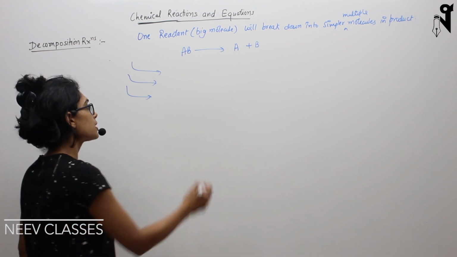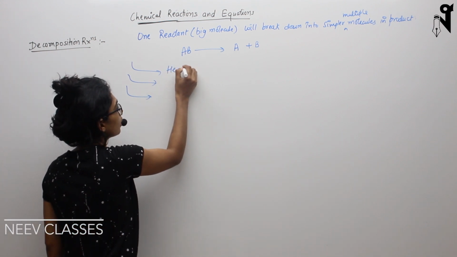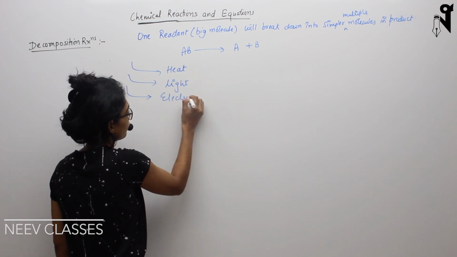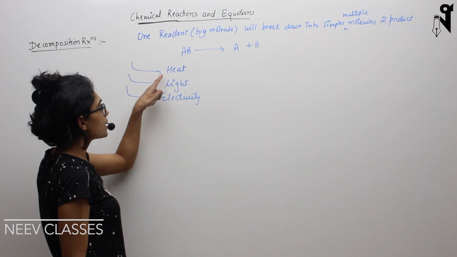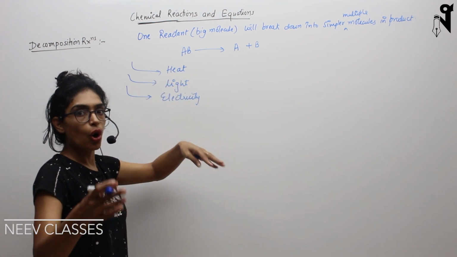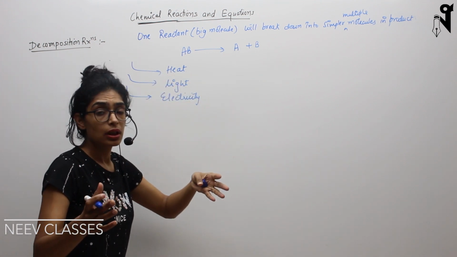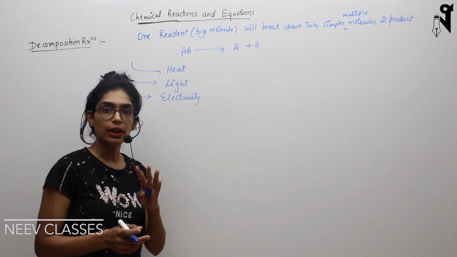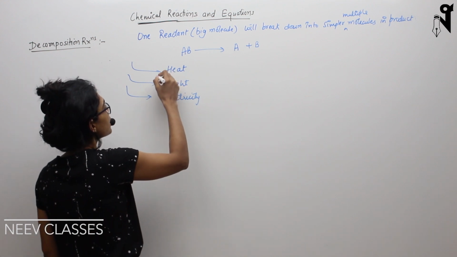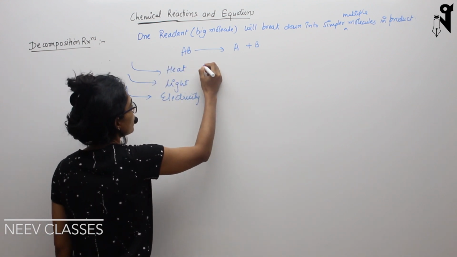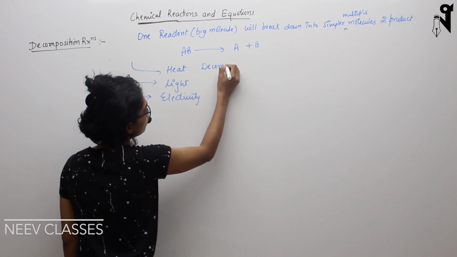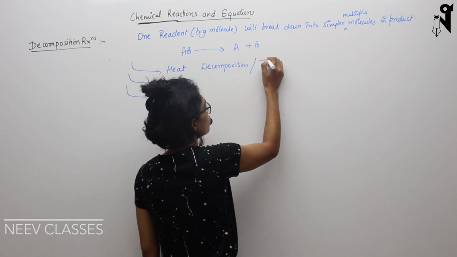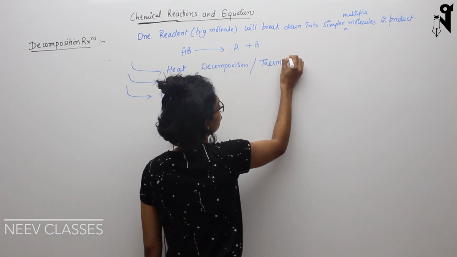Decomposition reaction can take place in the presence of heat, light, and electricity. So basically heat can cause the breakage of the big molecule, or light can cause it, or electricity can cause it. We call the reactions which come under these categories heat decomposition, or decomposition by heat, or also thermal decomposition.